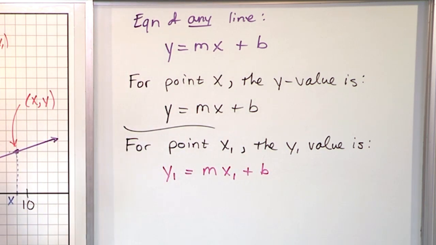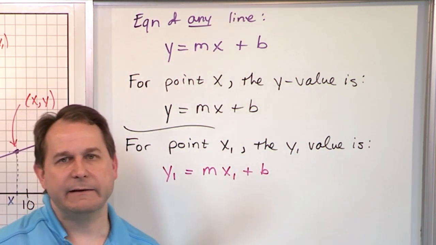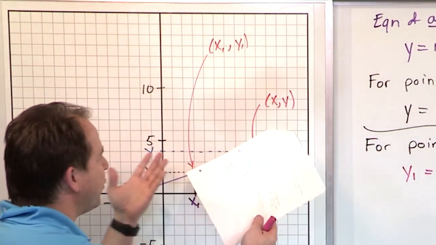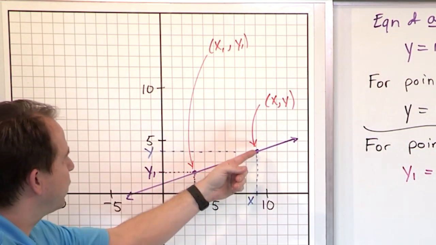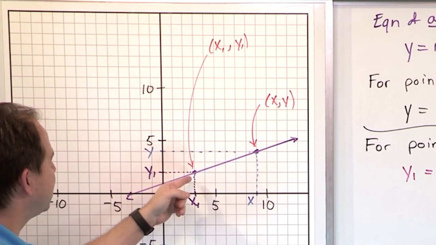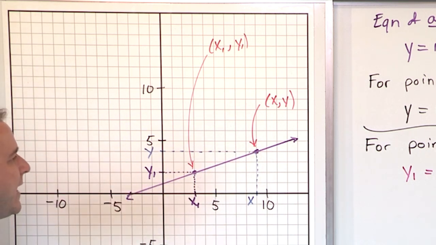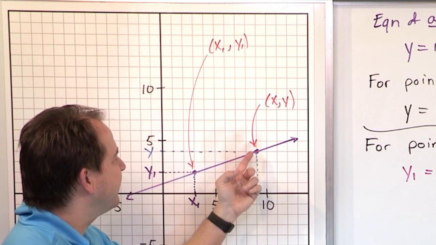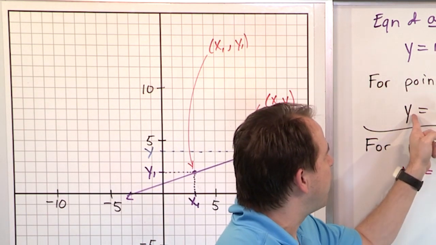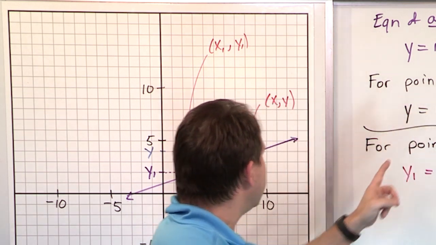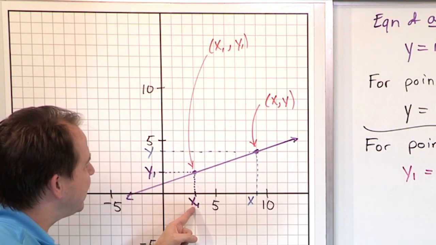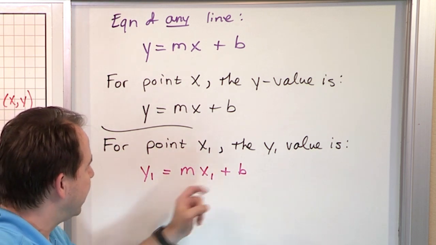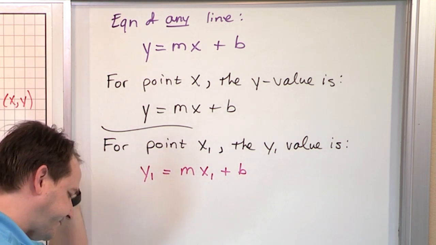So far, literally we've done nothing. All I said is there's an equation of a line, it's mx plus b. And now I'm going to pick 2 points on this line. Here's one, here's one. I'm going to call this one x comma y, and I'm going to call this one x1 comma y1. Now, if I want to find out what the y value is that corresponds to this, I just run it through mx plus b. This is the y value that goes with that x. And if I want to know the y value here, I just run the x1 value through and it gives me y1. m times x1 plus b gives me the y1 value.